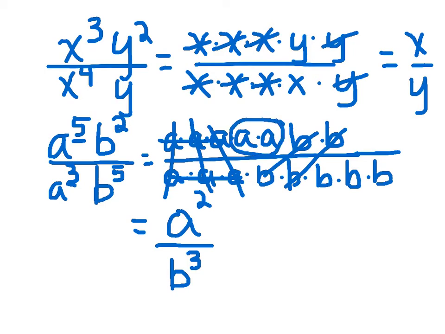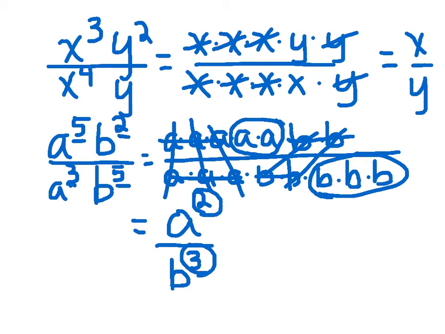If I have 2 b's on the top and 5 on the bottom, 2 of them will cancel out, leaving these 3. When I cancel out, in effect, I'm subtracting. 5 minus 3 is a to the second. 5 minus 2 is b to the third.